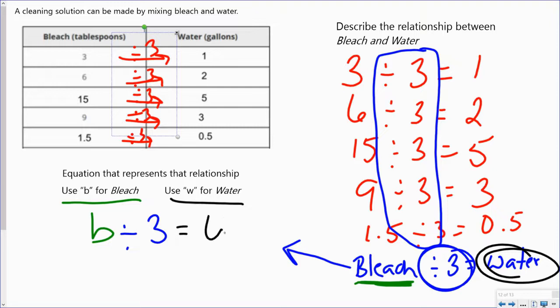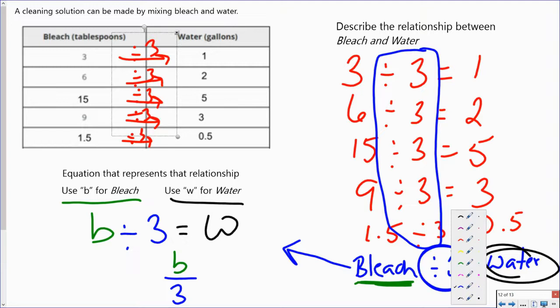So equals W. Or like we've said before, I could take my B, divide it by 3, and that gets me my W. So my equation is my B divided by 3 equals W, or bleach divided by 3 equals water.